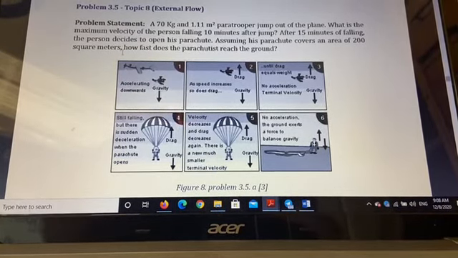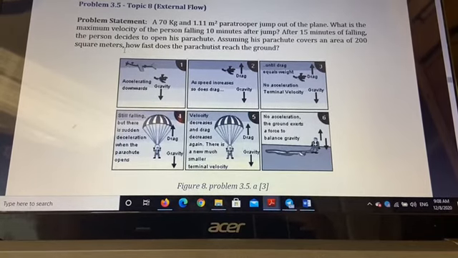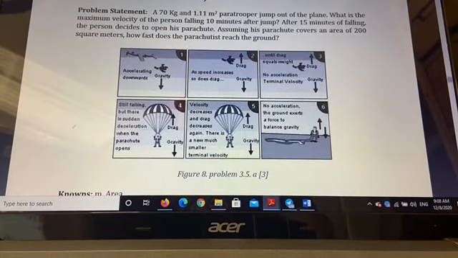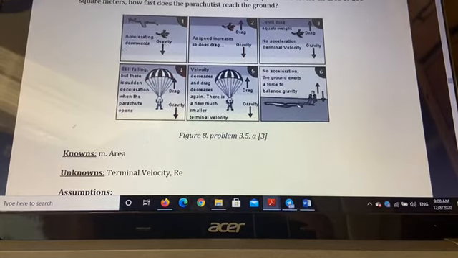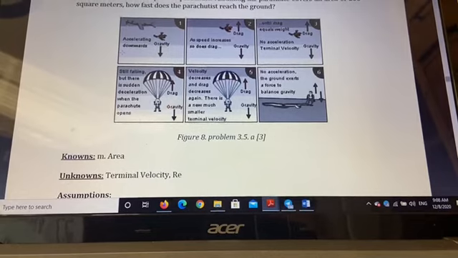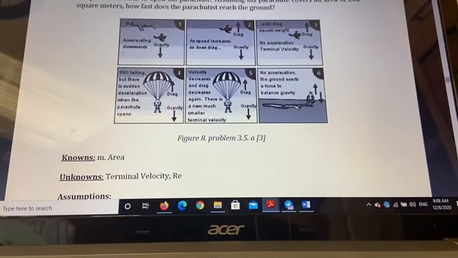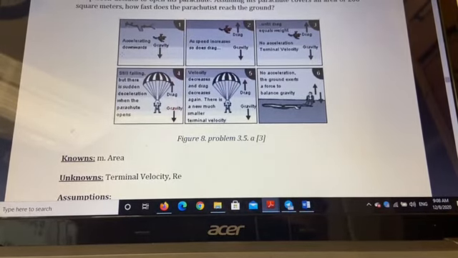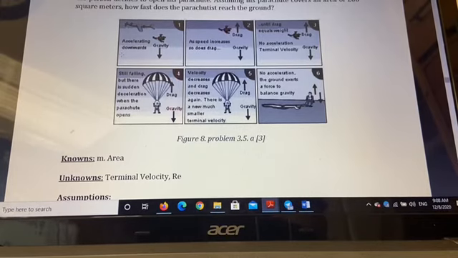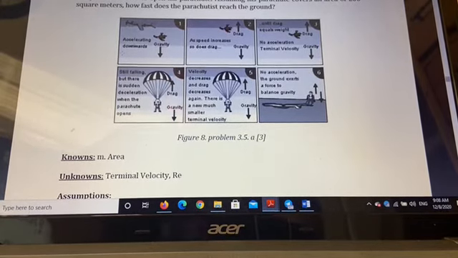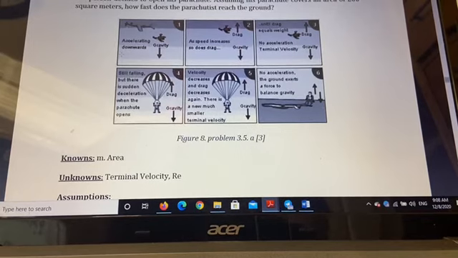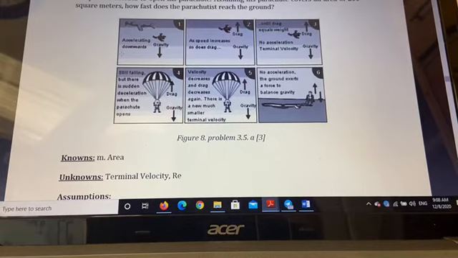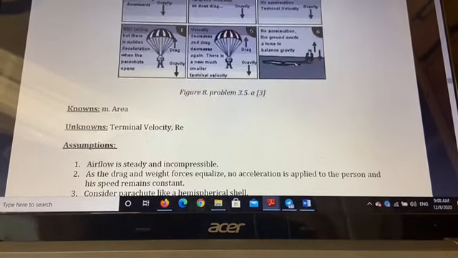So when a 70 kilogram person jumps out of an airplane, I explained that when they just jump, their weight due to gravity is way more than the drag force, so they accelerate and the velocity increases. After some time, the velocity levels off, because the drag force and gravity are equal, and that's the terminal speed. It's a free fall.